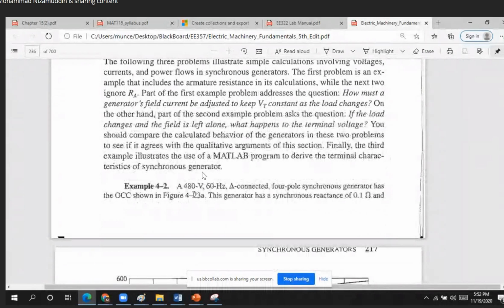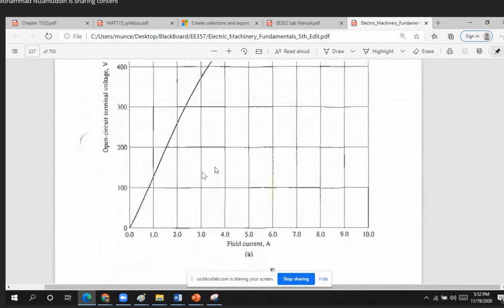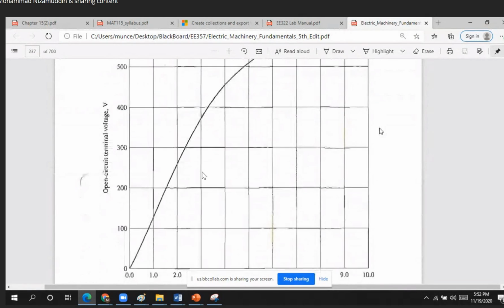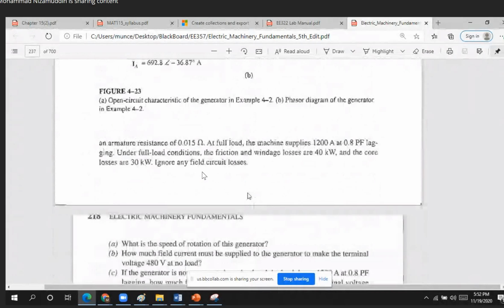A 480 V, 60 Hertz, delta-connected, 4-pole synchronous generator has the open circuit characteristics shown. This one, open circuit characteristics from here. The generator has a synchronous reactance XS of 0.1 ohm and armature resistance RA of 0.015 ohm.